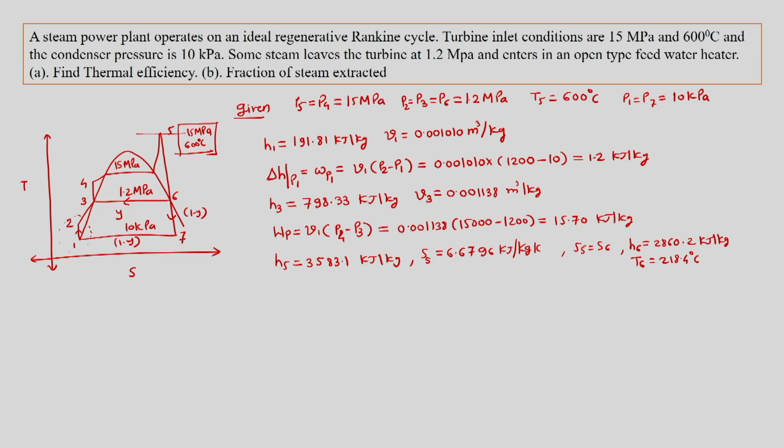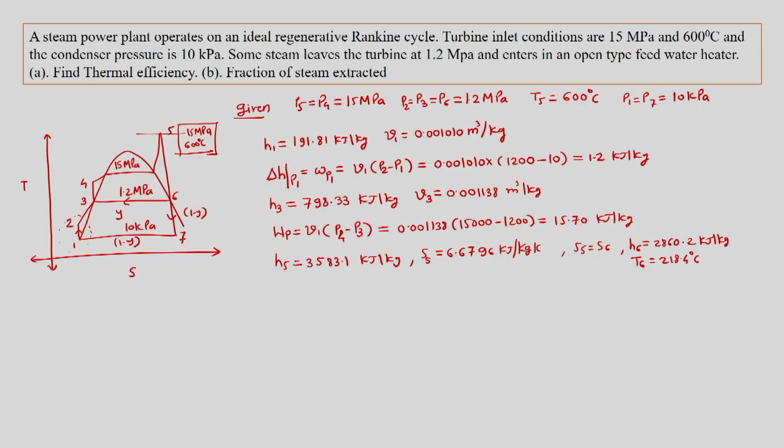We should also keep in mind that if we are using a steam table, we might not get exactly the same entropy, so we have to interpolate between two entropies and find an intermediate value. Then we go back and find H2, which is H1 plus delta HP1.